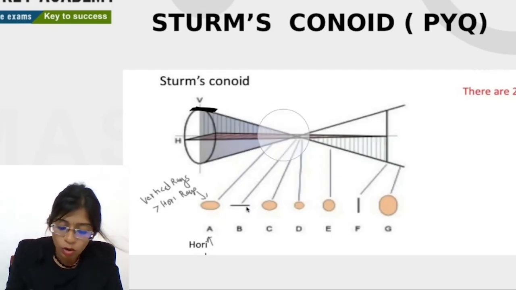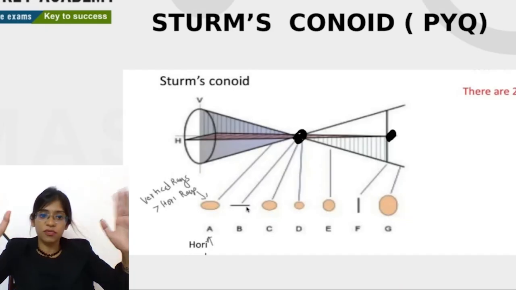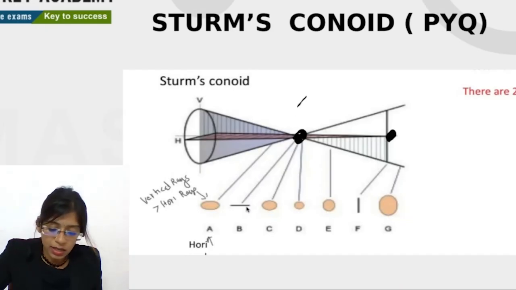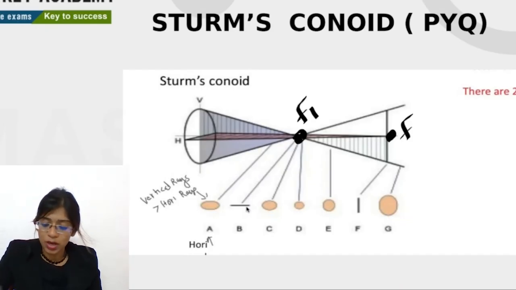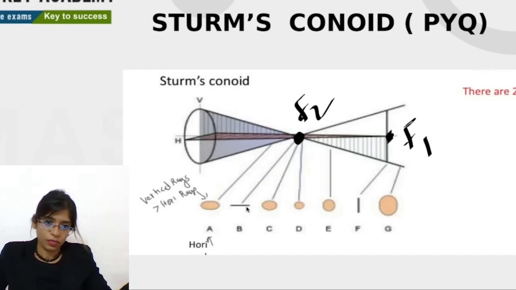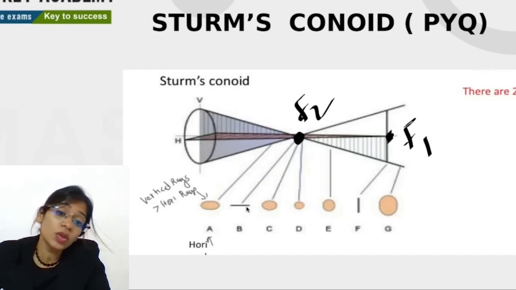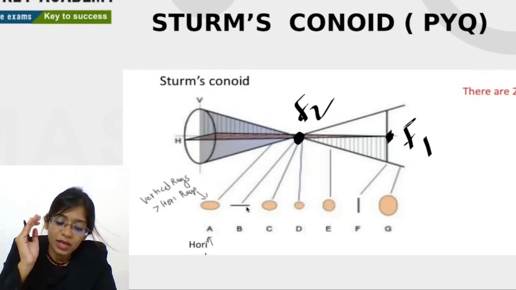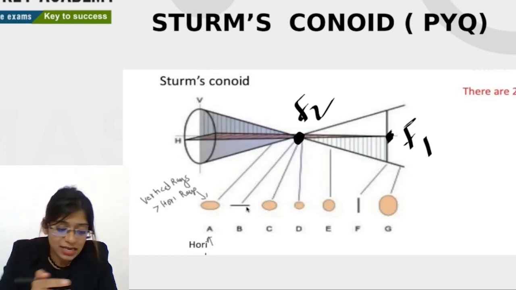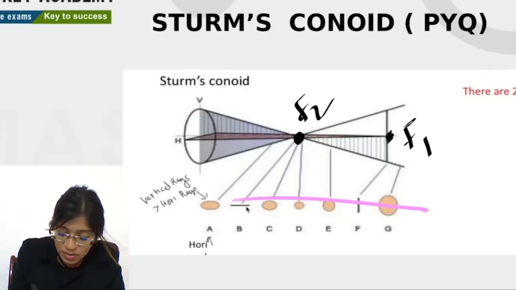So basically, all you have to know in Sturm's conoid is that you will mark 2 focal points. Take this as F1 and this as F2, or whatever you wish, you can name it anything. See, F1, F2. So, two focal points are formed. Now, the question they ask you is, if retina is placed at A. See, you can see a lot of alphabets here.